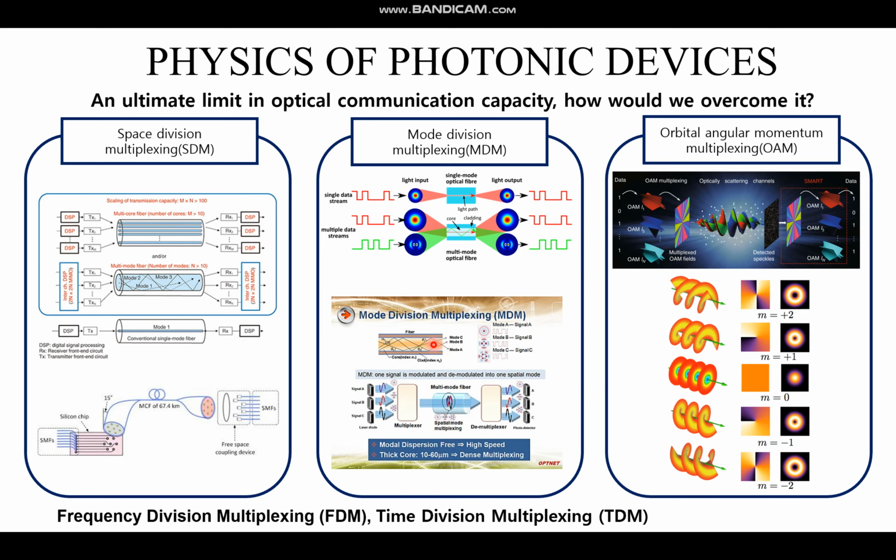But the optical communication has a limit, the capacity crunch. To overcome it, we have more options here. But the same thing applies: we can make individual signals from transmitters, each individual signal propagates through optical fibers, and finally we can detect the individual signals using receivers.